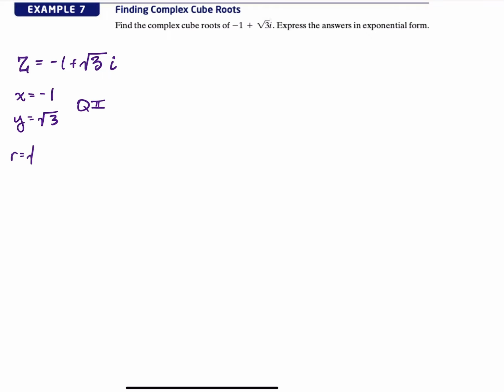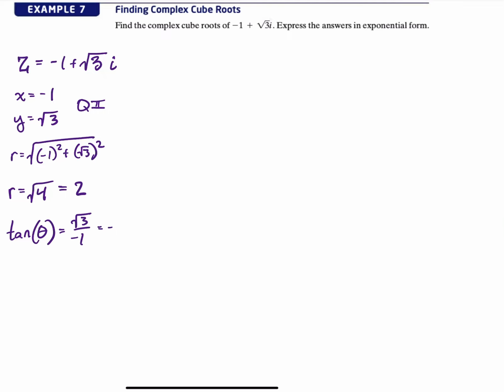R is the square root of x squared plus y squared. So -1 squared plus the square root of 3 squared. Well, that'll be 1 plus 3. So r is equal to the square root of 4, which is 2. We have an r value of 2. Tangent of theta is y over x, so root 3 over -1.